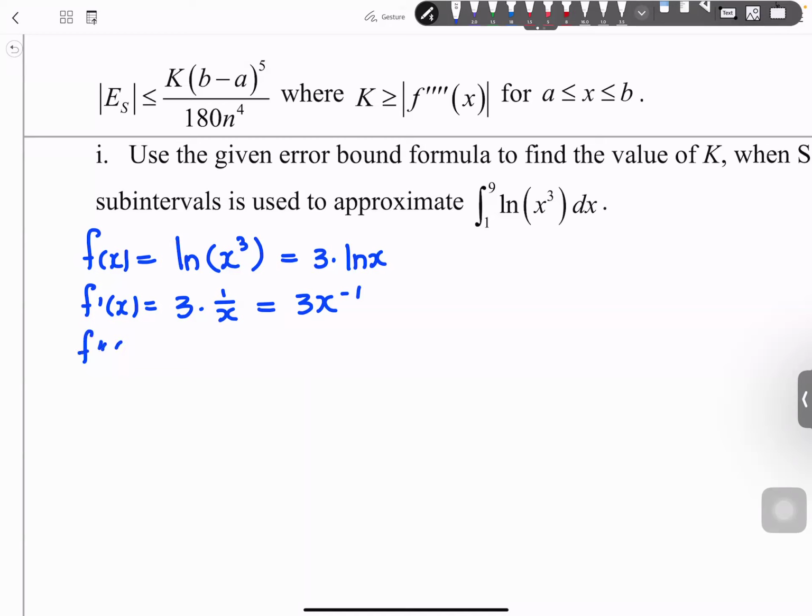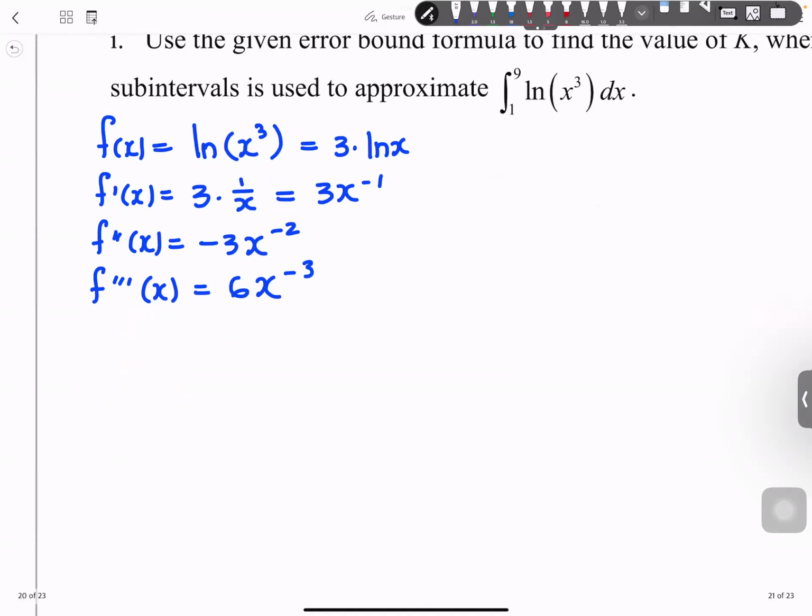The second derivative is going to be equal to negative 3x to the power negative 2. The third derivative will be 6x to the power negative 3. And then the fourth derivative will be equal to 6 times negative 3, which is negative 18 x to the power negative 4, or if you will, negative 18 over x to the power 4.